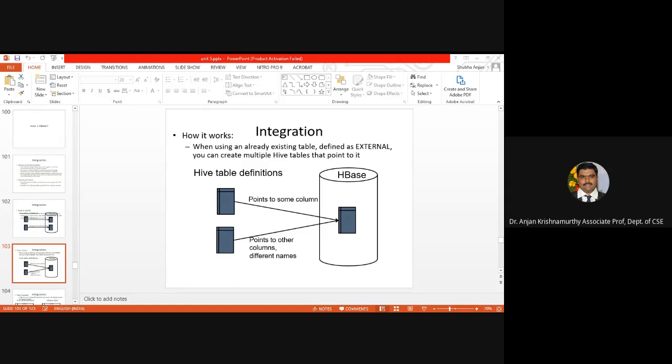There are different ways in which we can try to understand the way HiveQL behaves, and we will look into the way the system works with respect to HiveQL and HBase interactions.